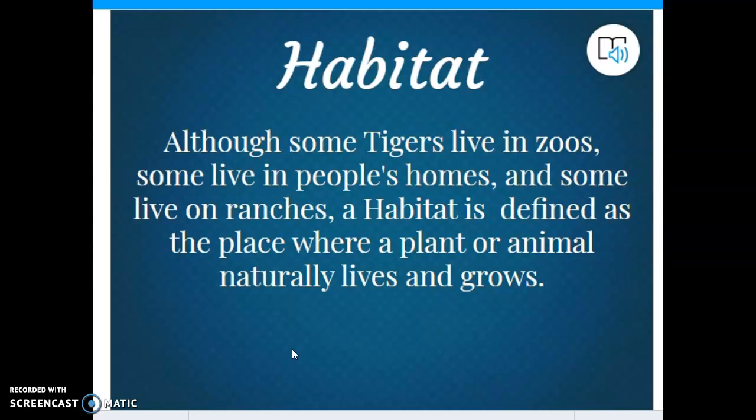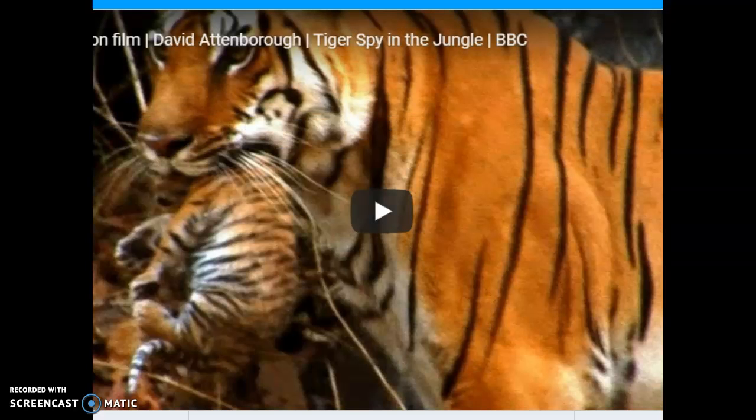Maybe we can do a Flipgrid video about that later on. But it's not a natural place. We would normally find these animals in the jungles, in rainforests. That's the natural area for them. That is habitat. Let's see if we need to move on, if I should stop there today.